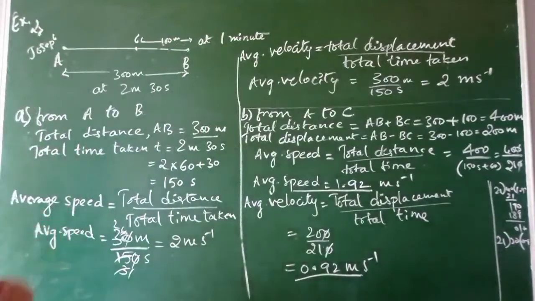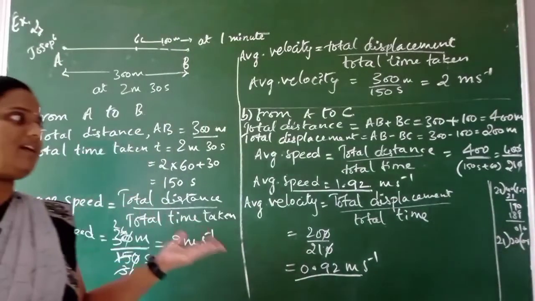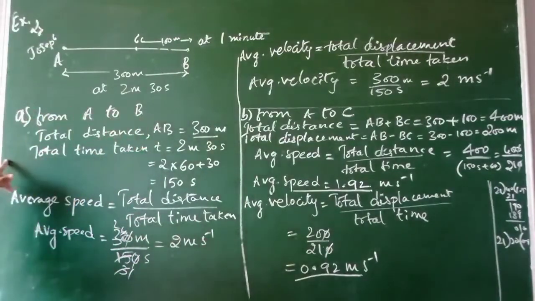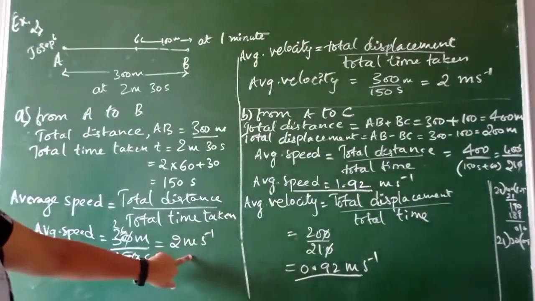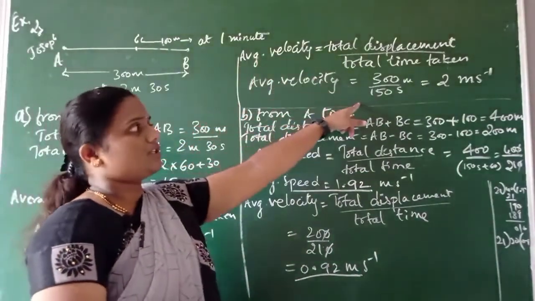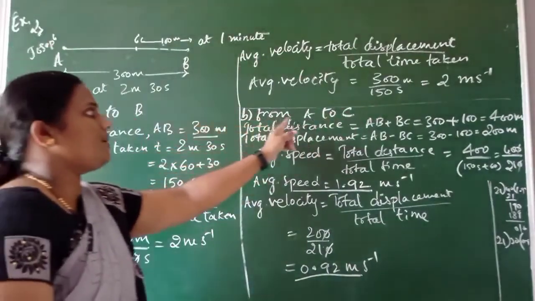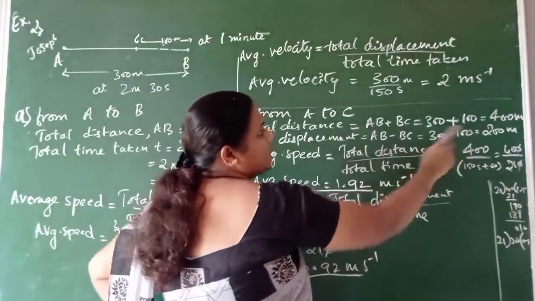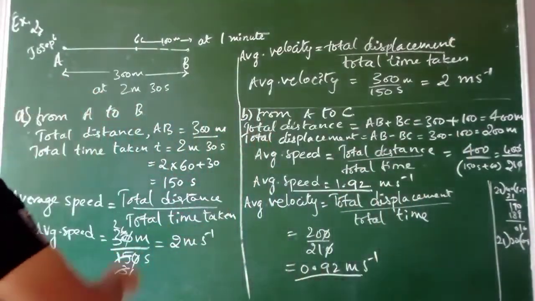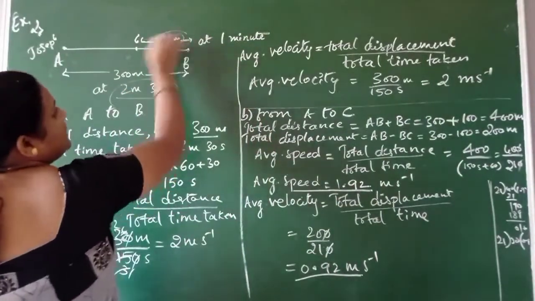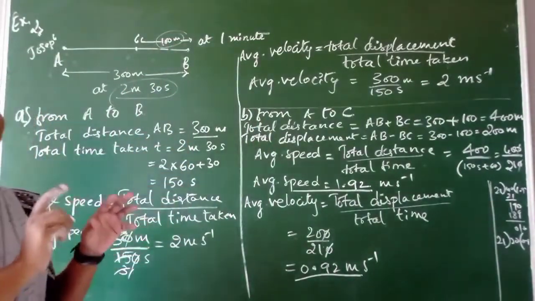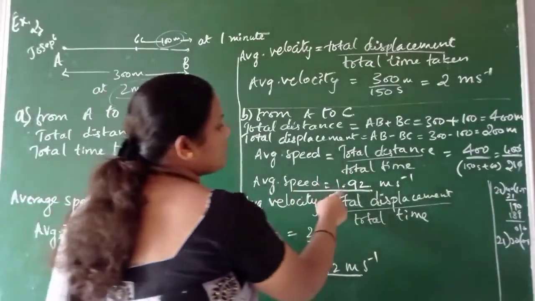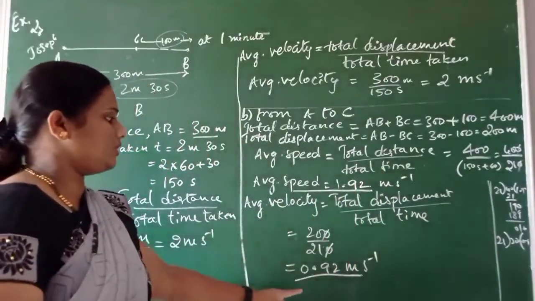After applying the average speed formula, total distance divided by total time taken, we get both values. From A to B, his average speed is 2 meter per second and his average velocity is also the same. From A to C, his total distance is 400 meter and total displacement is 200 meter, and the total time taken is 210 seconds. After substituting the values in this formula, we get average speed 1.92 meter per second and average velocity what?